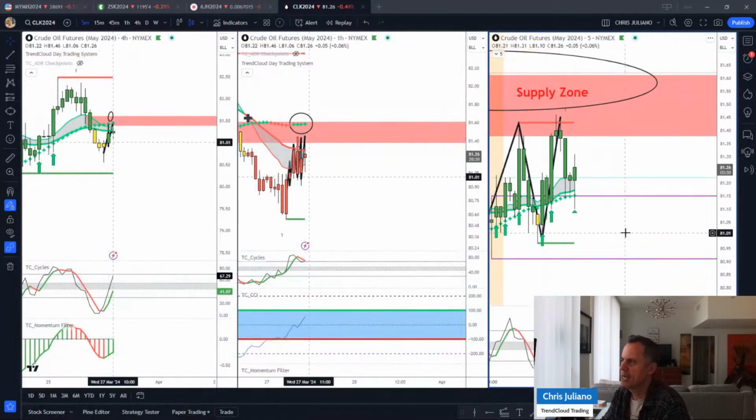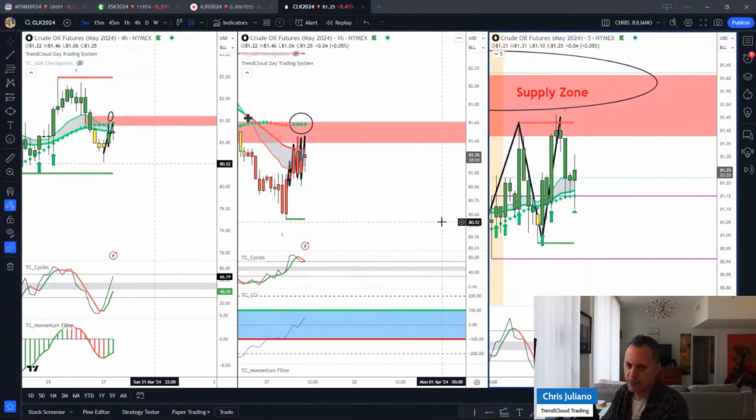Okay, so my job is to get you guys consistently profitable using TrendCloud as your main trading source. I'm going to get you profitable in the simulator. That is the first step. If you can't get mentally conditioned to use TrendCloud in the simulator first, forget it.